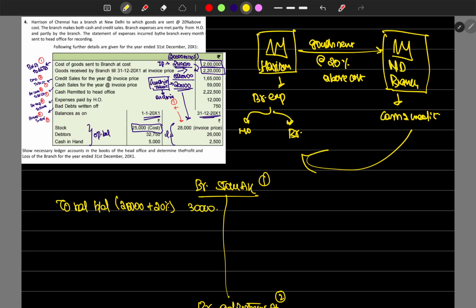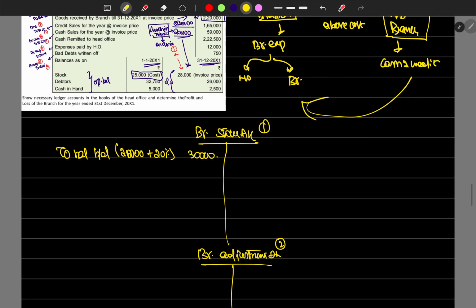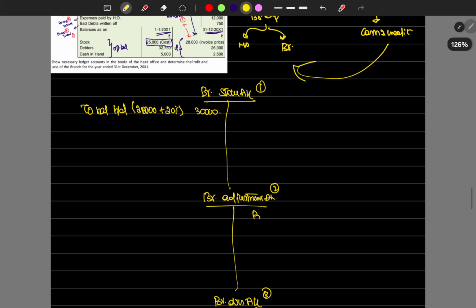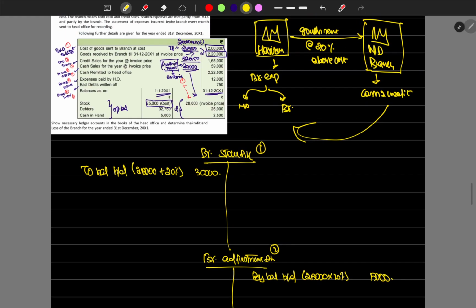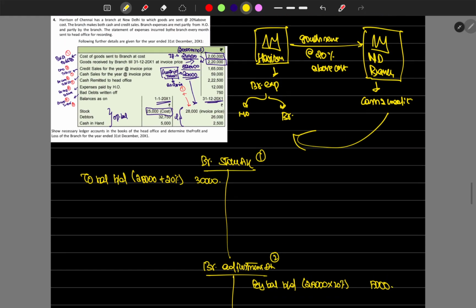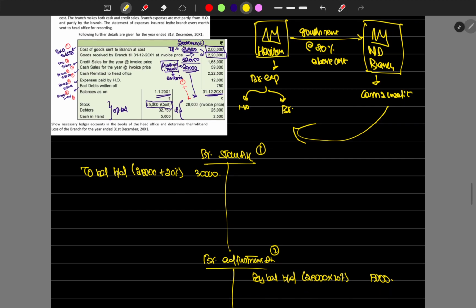So what's the profit portion loaded? That is the opening balance of branch adjustment, right? By balance brought down, which is 25,000 into 20%, which is 5,000, right? Done.